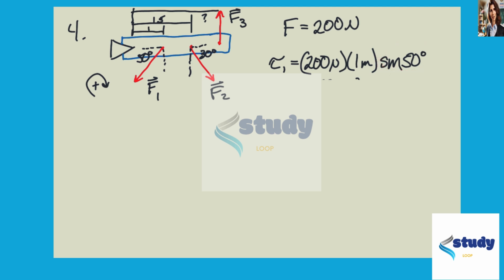So we can take 200 times the moment arm times the sine of the angle between the moment arm vector and the load vector, and that gives us 153 Newton meters. Again, I've defined positive to be clockwise, so it creates a torque in this direction.